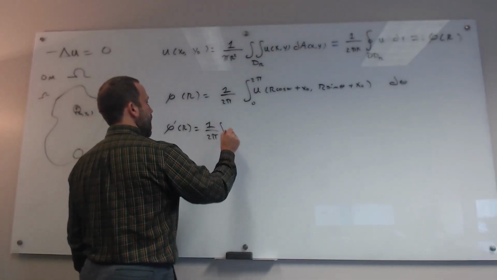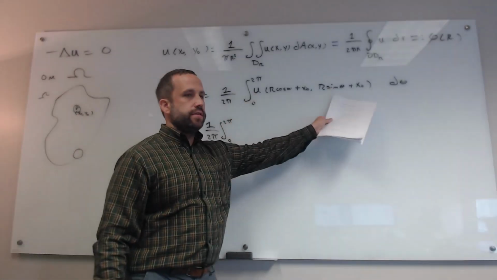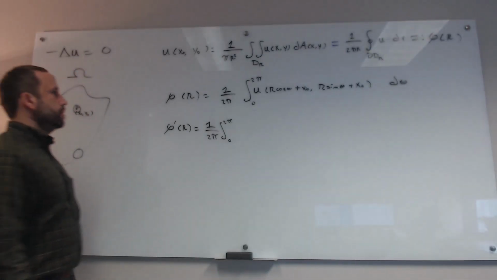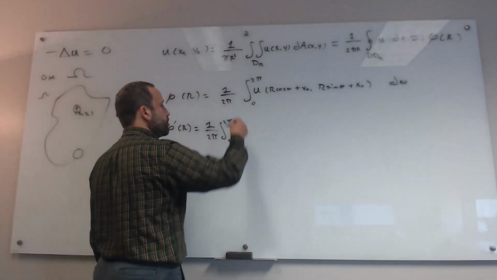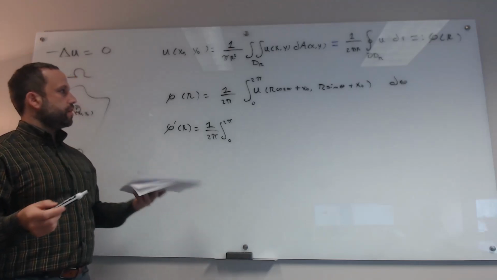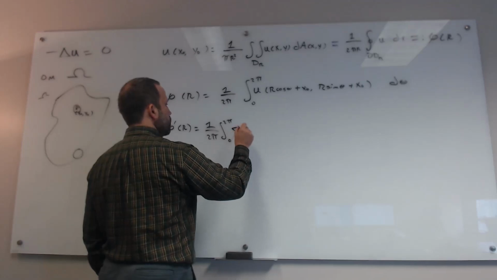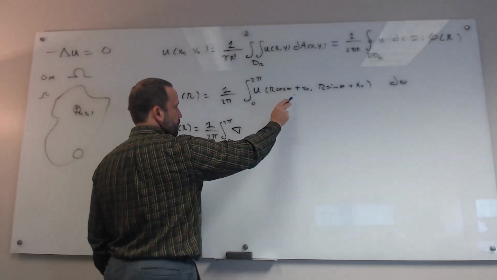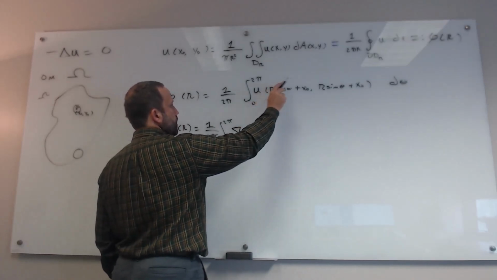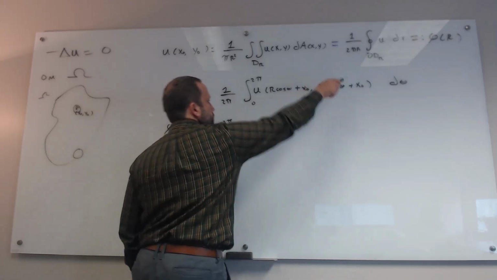And what I'm going to have is the integral from 0 to 2 pi, and now I need to do the derivative of this with respect to r, which is going to be the multivariable chain rule. If you go back through the videos where I talked about different notations on derivatives, one of the ways that you can write this is the gradient of u, a vector where the first component is the derivative of u in the first component, and the second component is the derivative of u in the second component.